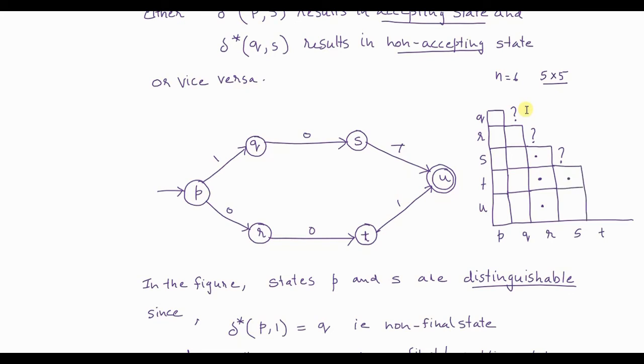So this cell over here will be t comma s, this cell over here will be u comma s, and finally this cell here will be t comma t, so I will be ignoring that. I will not be drawing that, eliminating it, and the last cell that I obtain is u comma t. So this is the table that we are going to get. You will always get this kind of table, like a ladder.